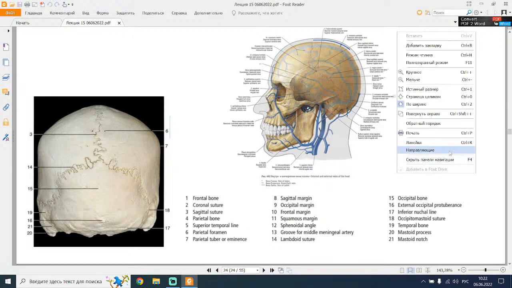What you see is the parietal foramen, through which passes a vena emissaria.